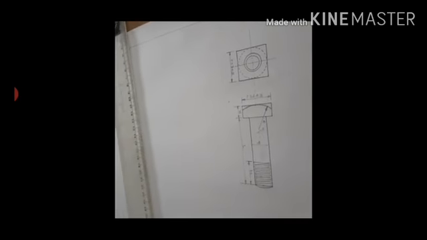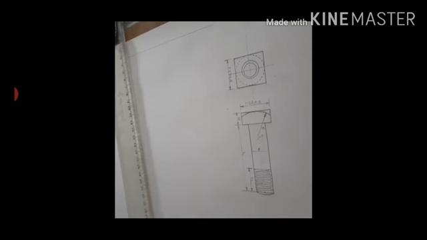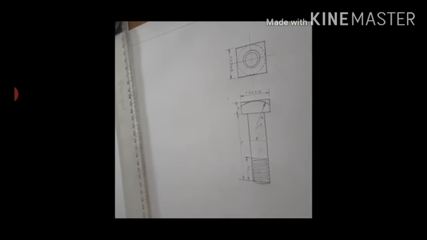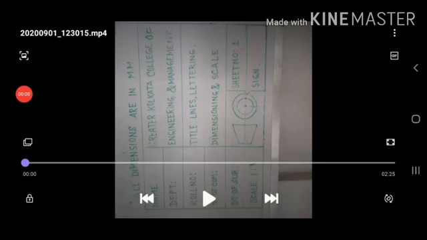The chamfering arc is not visible, so it is represented by the dotted line.